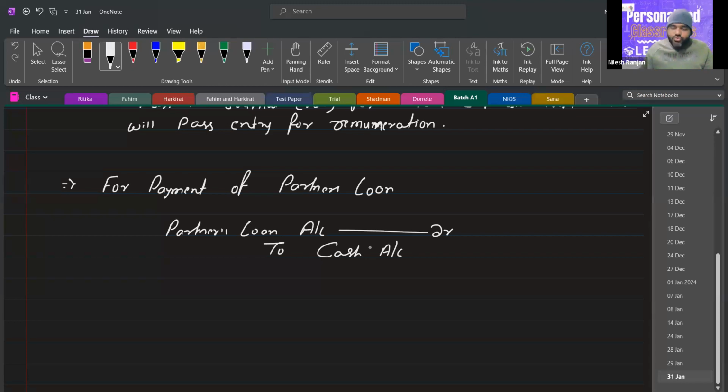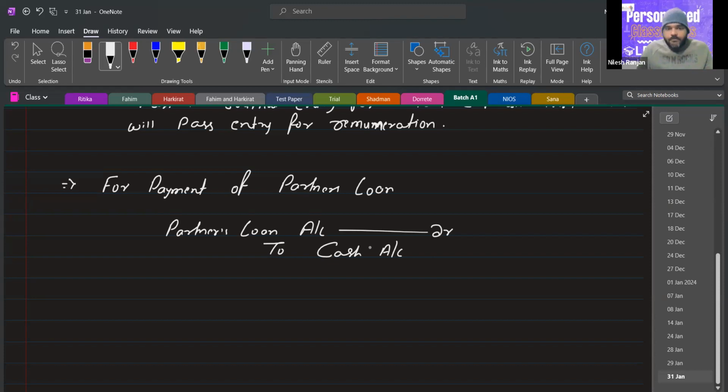Now, there are two situations related to payment of partner's loan. One, when you pay a higher amount for this partner's loan, and the other, when you pay a lesser amount than the actual loan. In both situations, whatever profit or loss is incurred will go to the realization account.